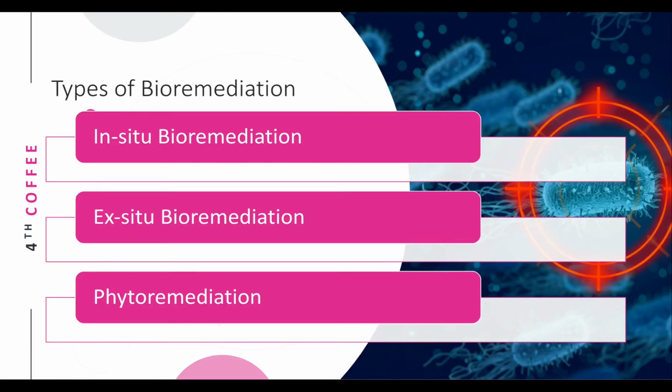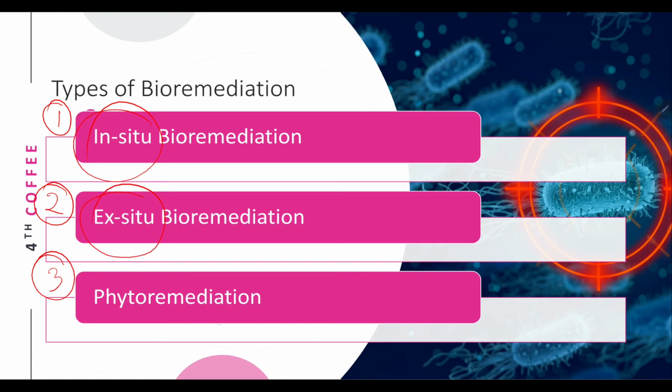So there are three types of bioremediation. The first one is in situ bioremediation, then Excito bioremediation, and the last one is Phytoremediation. Okay, so from the name itself, we already know that in situ means that the process of bioremediation is being done at the place of the pollution.